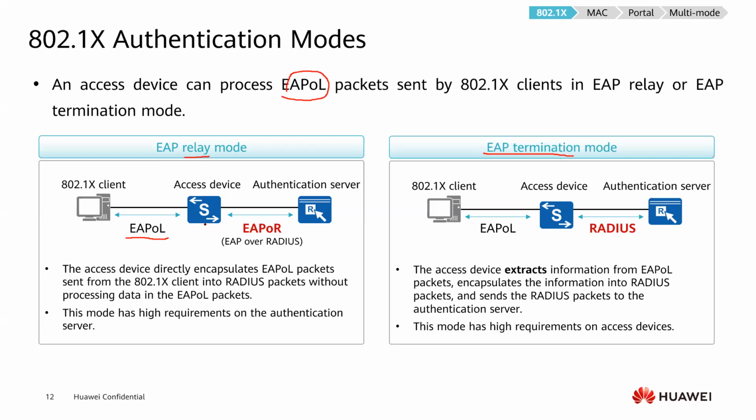It just encapsulates this packet into a RADIUS packet and sends this EAP over RADIUS packet to the authentication server directly. That means in this mode, it simplifies the processing on the access device because it just directly sends this packet, encapsulated in the RADIUS packet, to the authentication server.